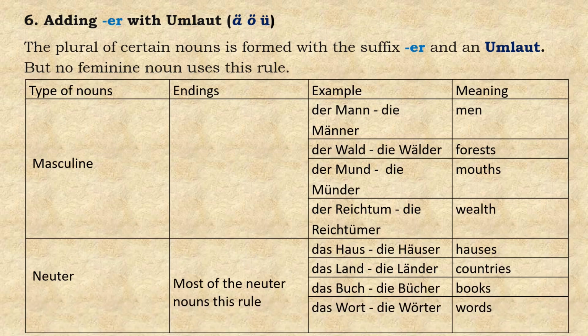In neuter, for example, das Haus, die Häuser, das Land, die Länder, das Buch, die Bücher, das Wort, die Wörter.